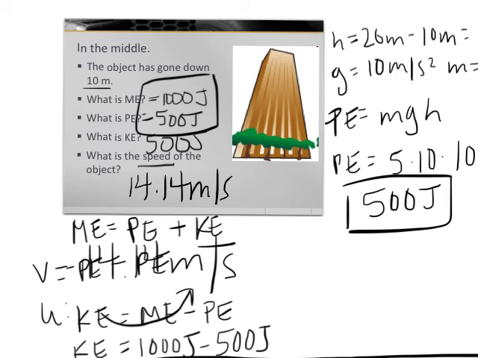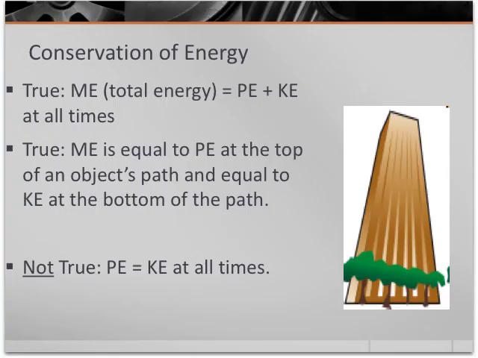All right, so hopefully what you've gotten from this is the following 2 true things to keep in mind. ME, total energy, is equal to your potential energy plus your kinetic energy at all times. You might have also hopefully noted that your mechanical energy is equal to potential energy at the top, because at the top, your height is greater than 0 and your velocity is equal to 0.